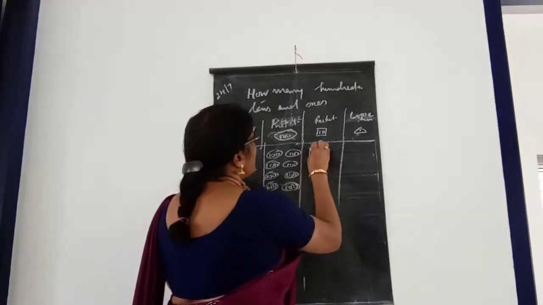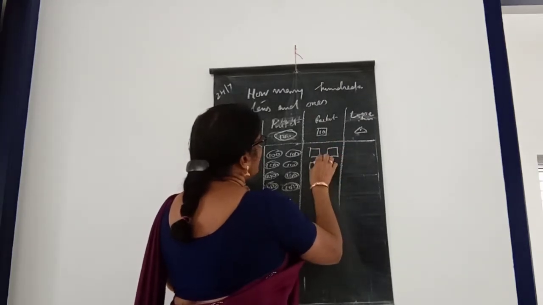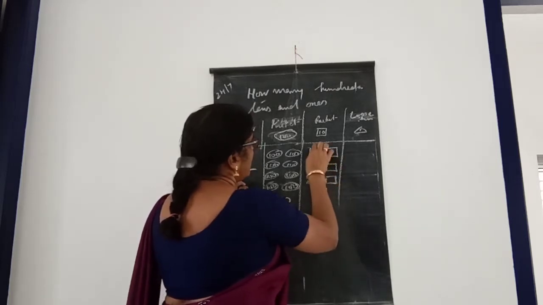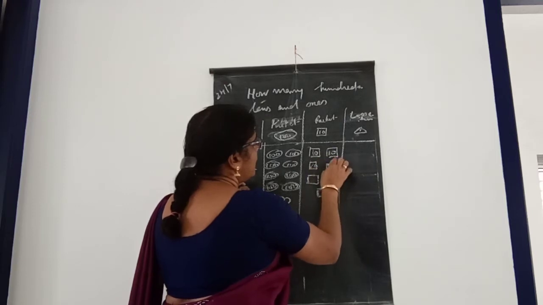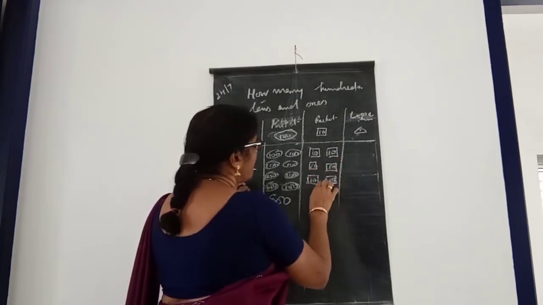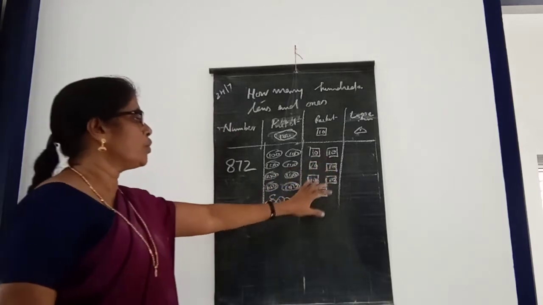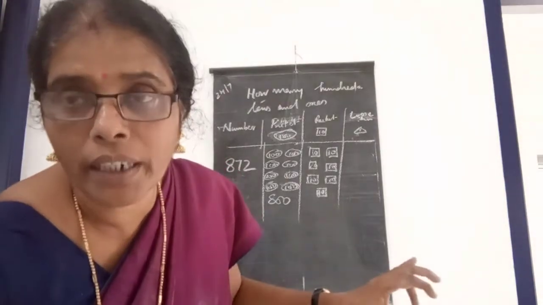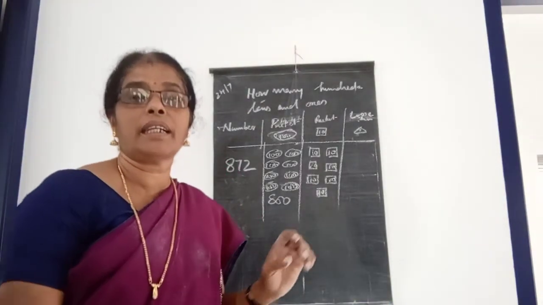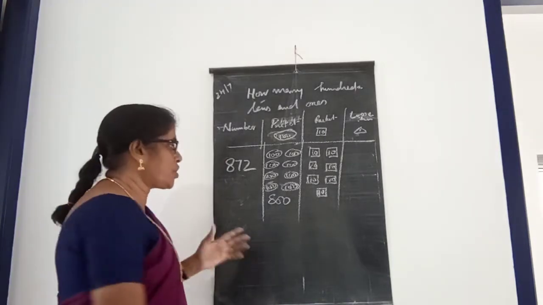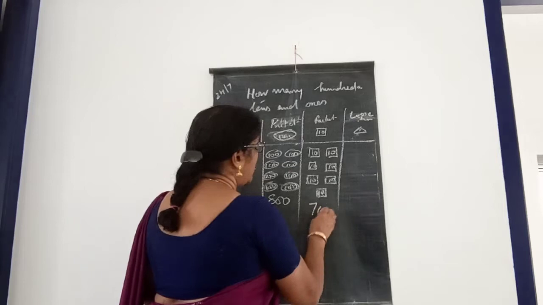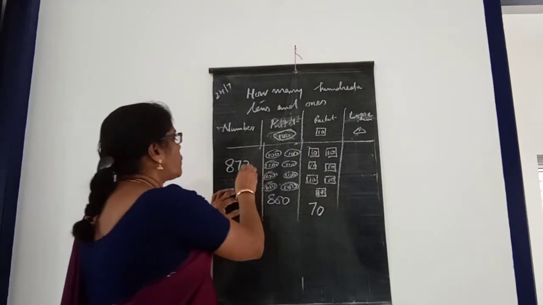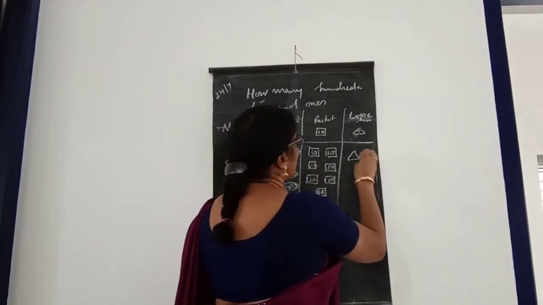That means you have to draw 7 squares. 10, 10, 10, 10, 10, 10, 10. 7 tens means 1 ten, 10, 2 tens, 20, 3 tens, 30, 4 tens, 40, 6 tens, 60, 7 tens, 70. Then how many ones? Only 2 ones. So you can draw 2 triangles.